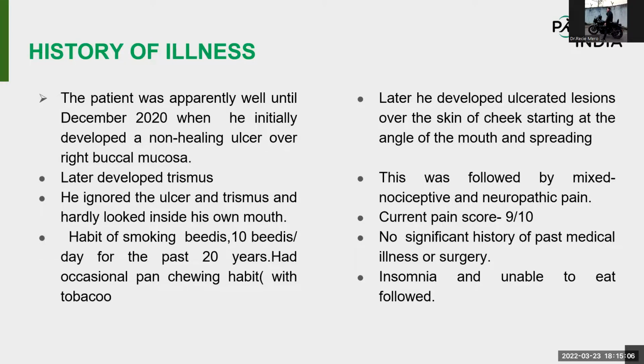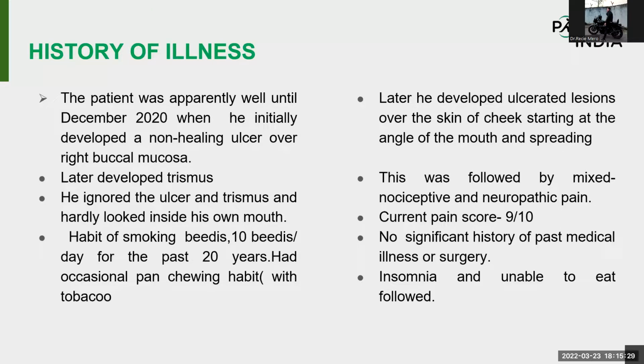History of illness. The patient was apparently well until December 2020, when he initially developed a non-healing ulcer over the right buccal mucosa, and later developed trismus. He ignored the ulcer and trismus and hardly looked inside his own mouth. He has a habit of smoking 10 beedis per day for the past 20 years, and occasionally chewed tobacco.